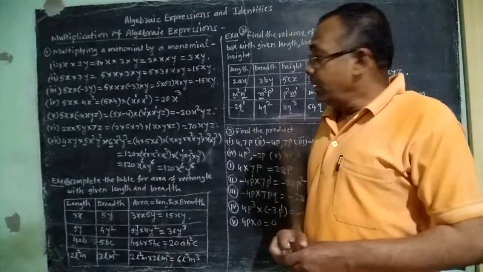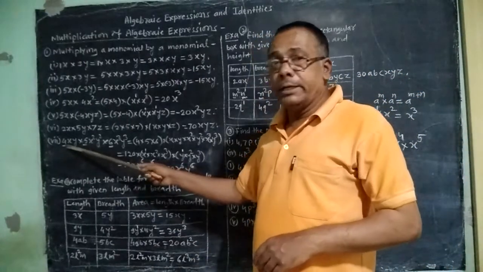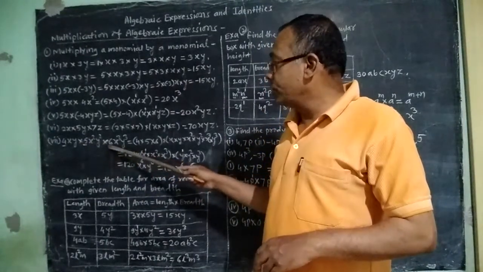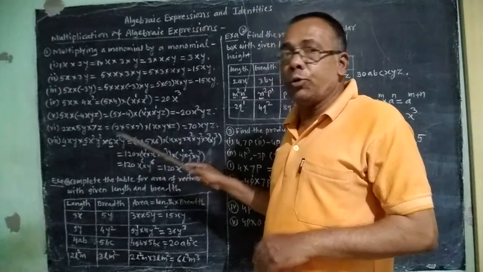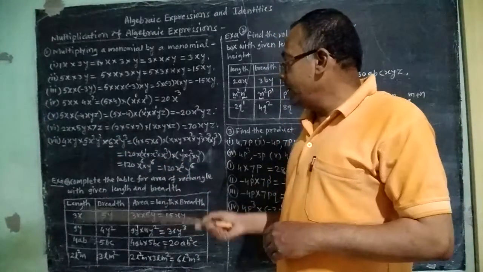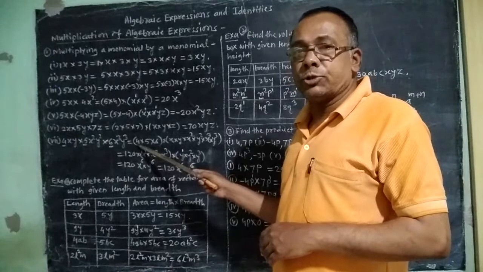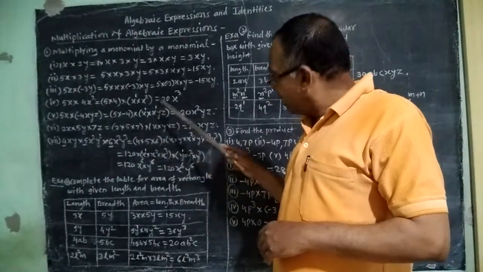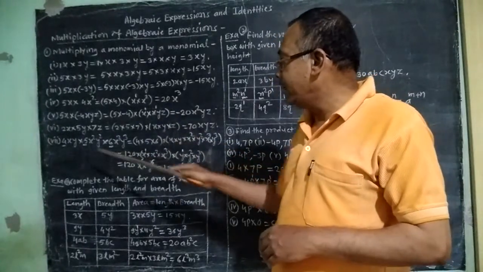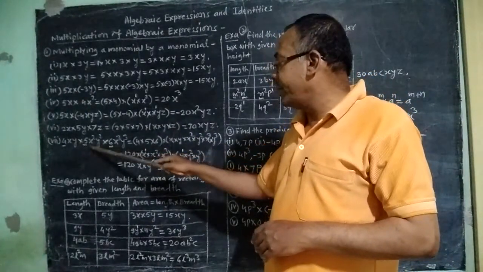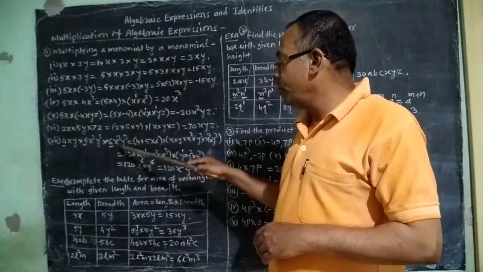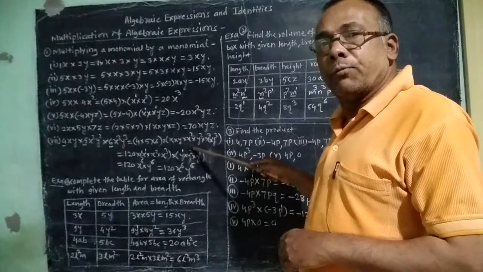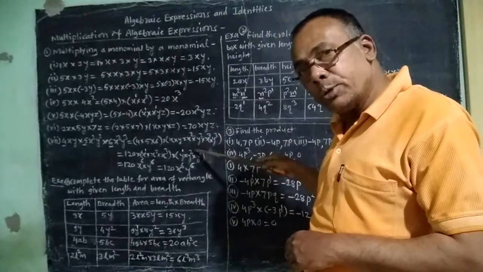And now in the seventh example, it is given that 4xy into 5x square y square into 6x cube y cube. Again we will take all the coefficients together, 4 into 5 into 6, and in the second bracket we will write x into y into x square into y square into x cube into y cube.